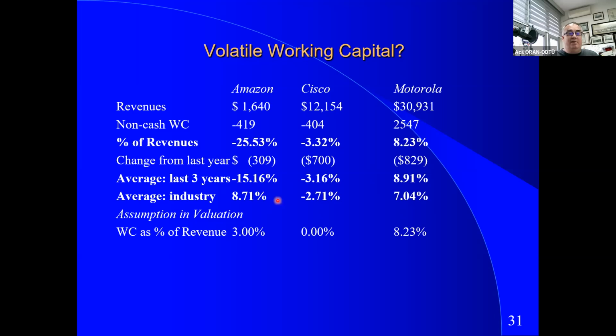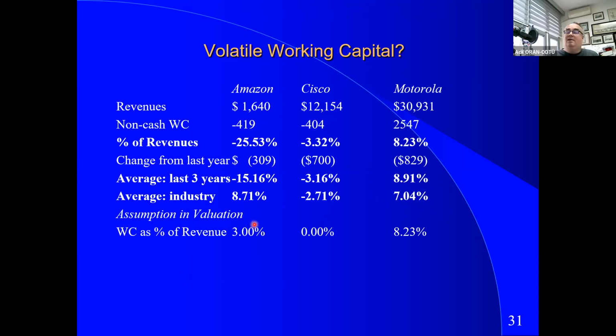And the industry is around 8.71 for retailers. Amazon is an online retailer, so it may be a little different. For Cisco, it's minus 2.71. So in the software and computer industry, yes, this might be possible. They don't hold a lot of inventory. And for Motorola, it is plus 7%. So this is big fluctuations.